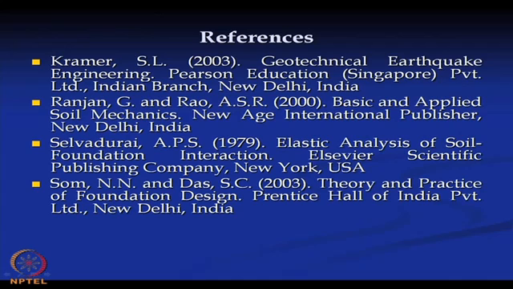And then Selvadurai, Elastic Analysis of Soil Foundation Interaction 1979, the reference book for the soil foundation interaction part. Then Som and Das 2003, Theory and Practice of Foundation Engineering. So, these are the reference books which will be followed in these lectures.